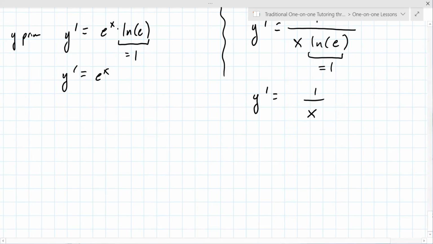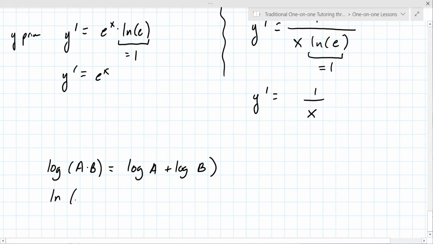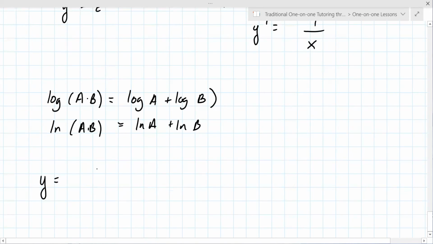Let's say I tell you that the log of a times b equals the log of a plus the log of b. The same thing applies here: if you say ln a times b, this is ln a plus ln b. This is from pre-calculus, college algebra, previous stuff. So let's say y equals the natural log of 2x.